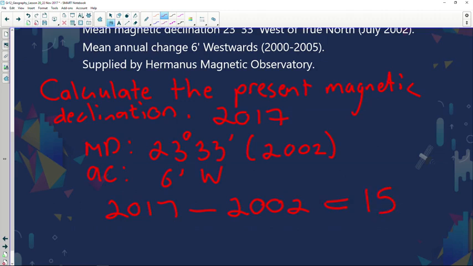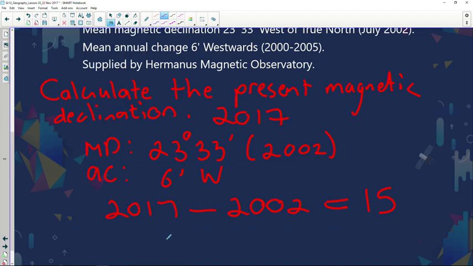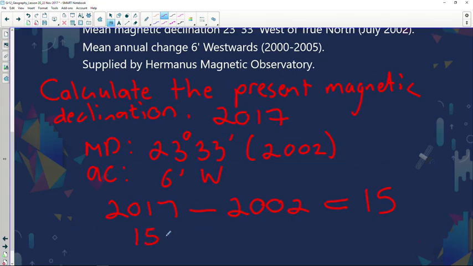Am I right? Let's go and work it out to make 100% sure. 2017 minus 2002 gives us an answer of 15. Now every single year it's changed 6 minutes. Now from 2002, what we need to do is take that 15 and times it with the annual change.